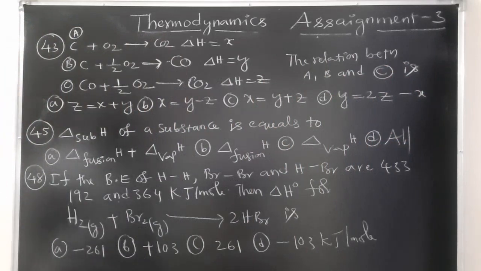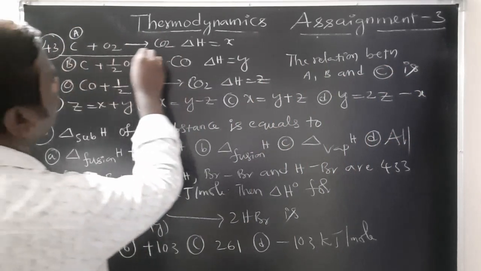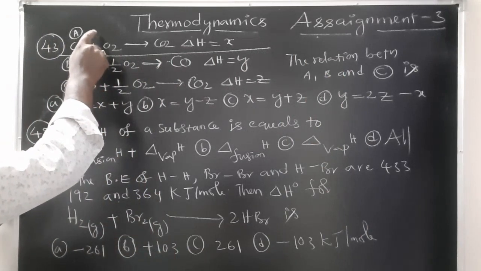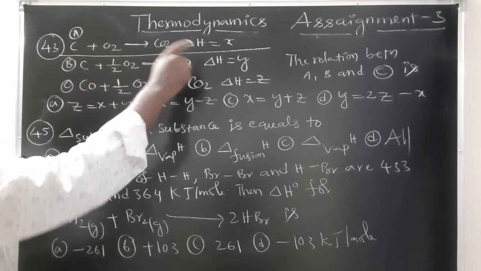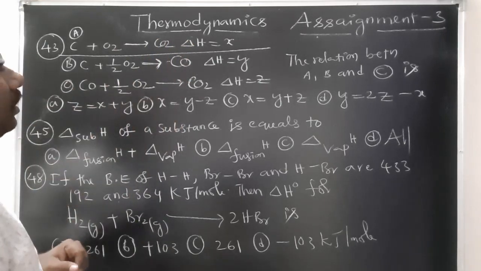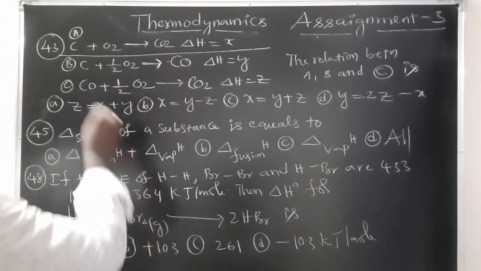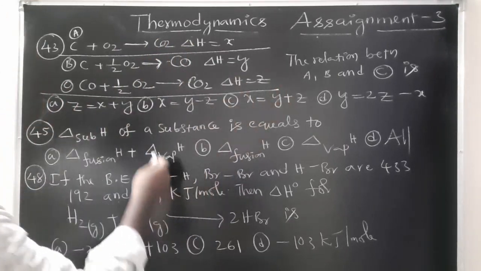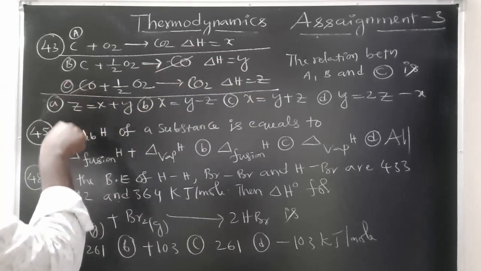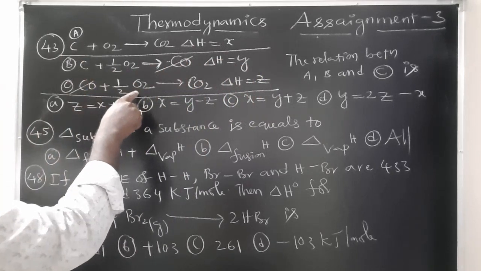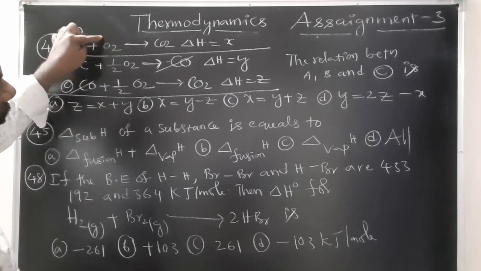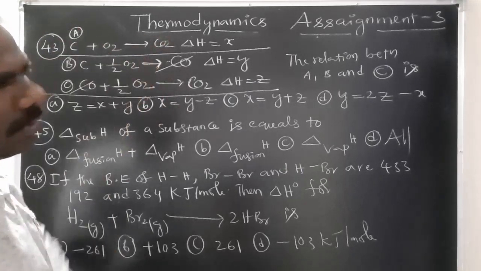Observe, students. From these two, I can get the first one. When I keep them as they are, Y plus Z, CO cancels, and C plus half O2 plus half O2, that is 1 O2, gives rise to CO2.